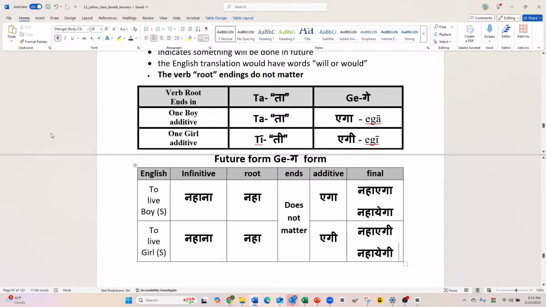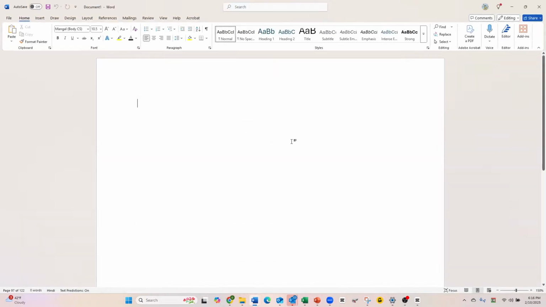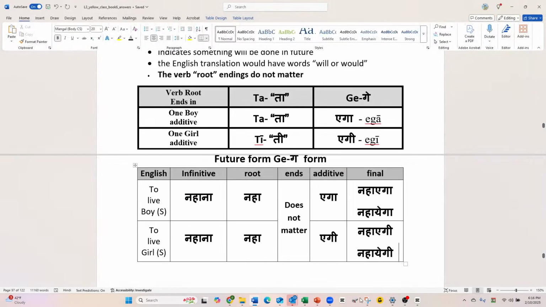Okay, so now let's create this. I'm going to create a little table. Well, let's go with maybe, give me a minute.